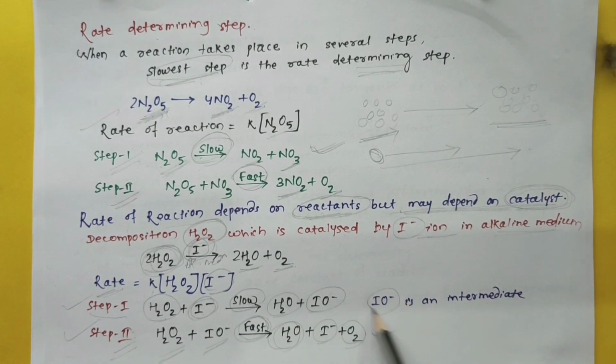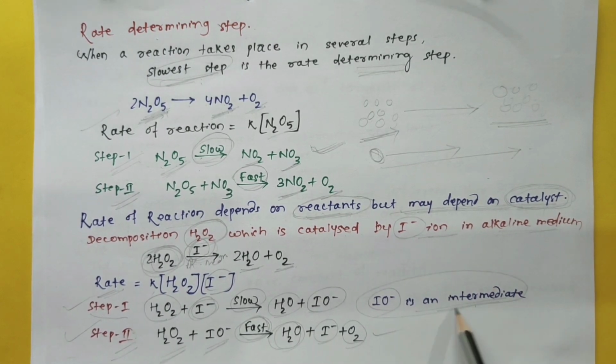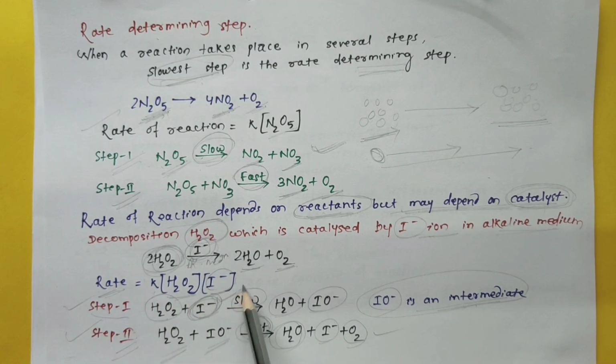Here IO minus is an intermediate in this reaction. Clear? The formation of the intermediate depends on the concentration of I minus. So obviously this also determines the rate of the chemical reaction. So practically the rate is equal to K into concentration of H2O2 into concentration of I minus.